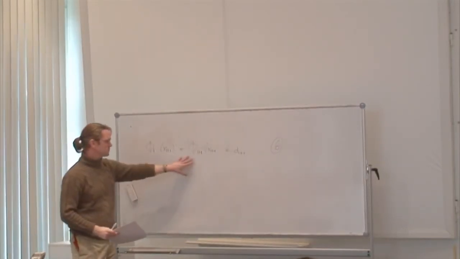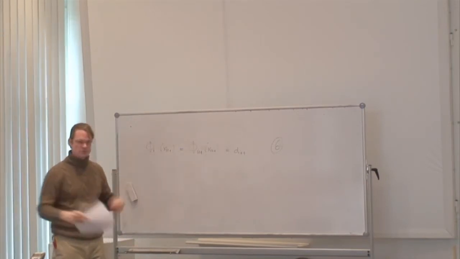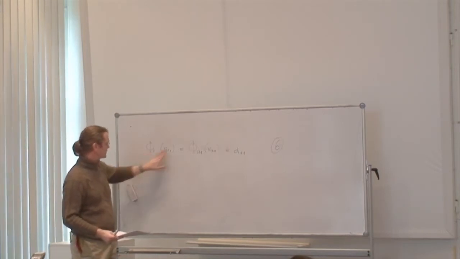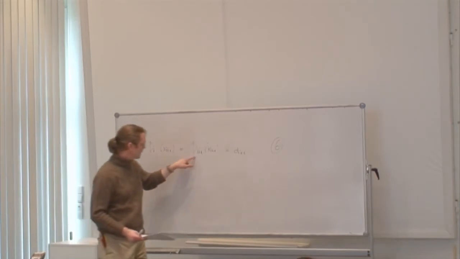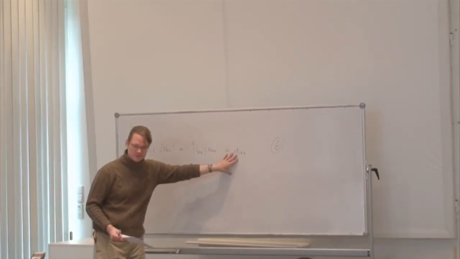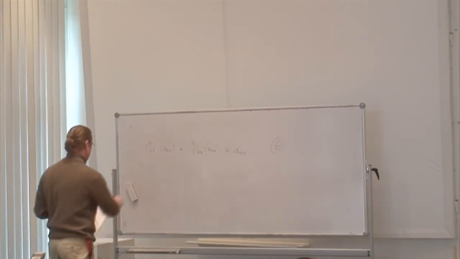Two consecutive splines at the point where they meet should have the same value. We said that phi i at xi equals di. Accordingly, phi i plus 1 at xi plus 1 equals di plus 1, but this is the same value. So this is another piece of information we have uncovered.